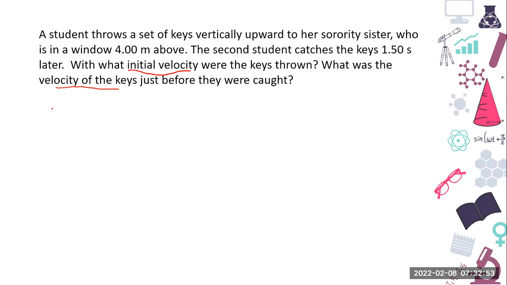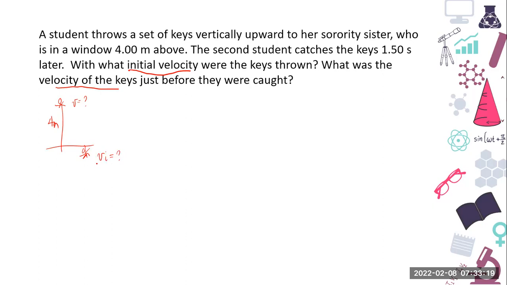Simply put, if you want to illustrate that problem, we have a 4-meter height. We have somebody catching the keys here. We have somebody throwing the keys here. We're looking for the velocity here, the point before that girl catches the keys. And we're also looking for the initial velocity here.